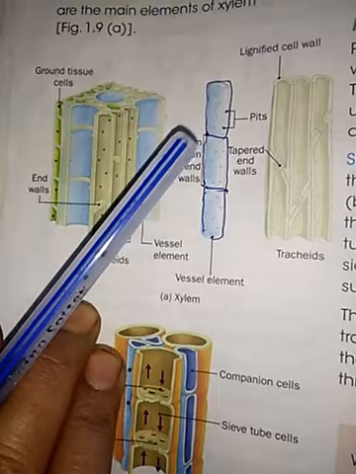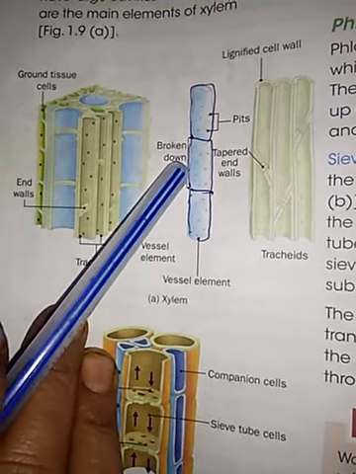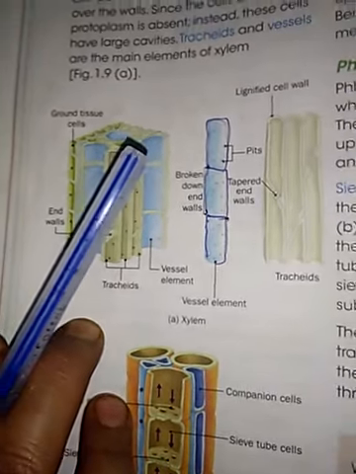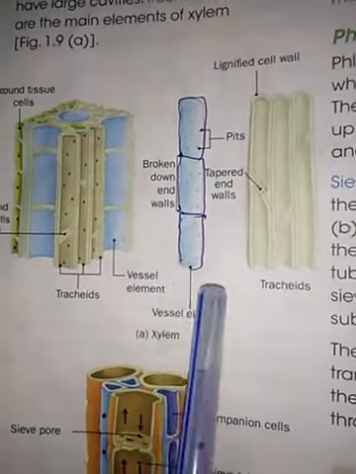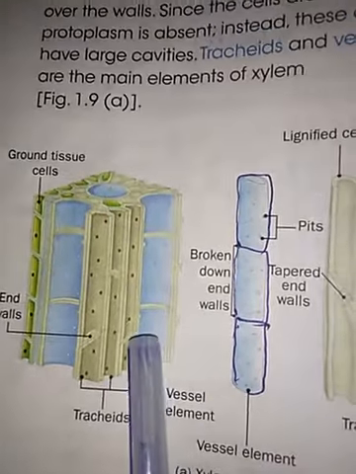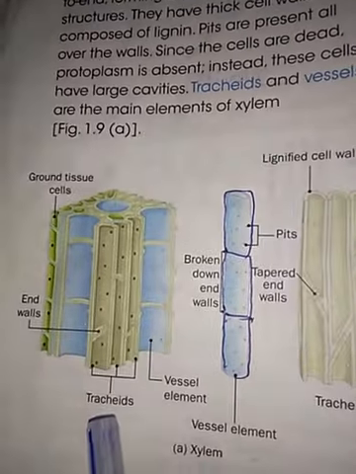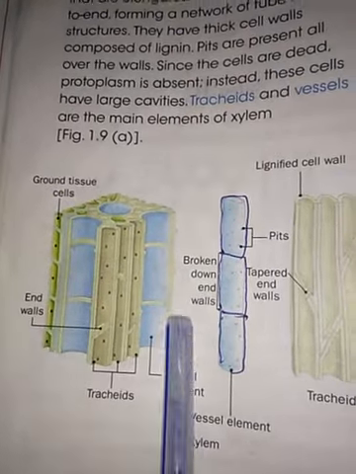And then, the main elements of xylem are tracheids and vessels. See, this is a tracheid and this is a vessel.